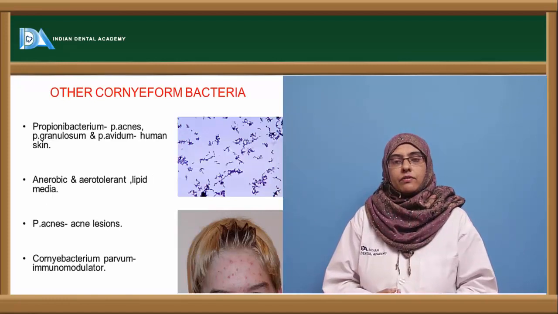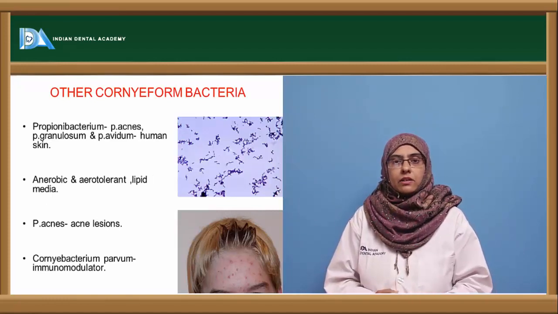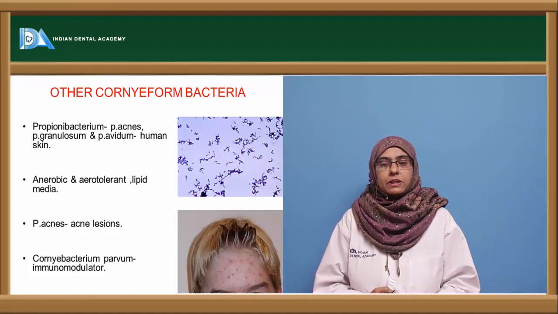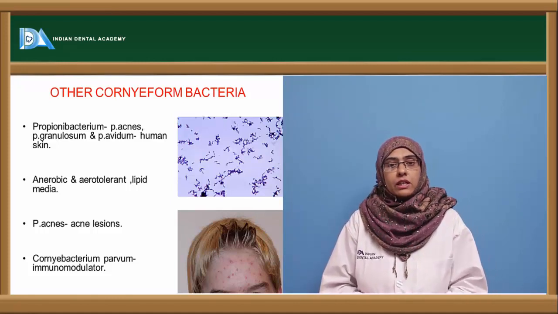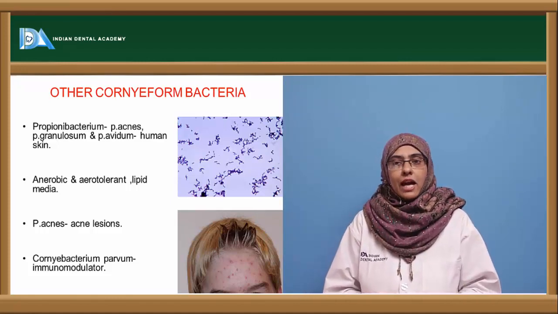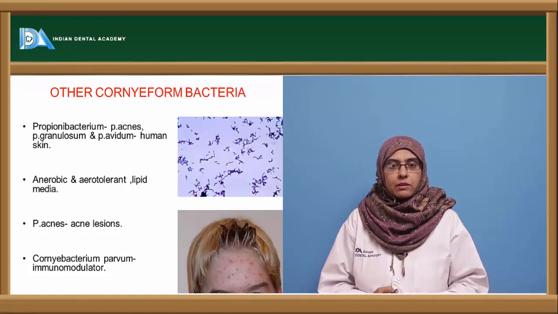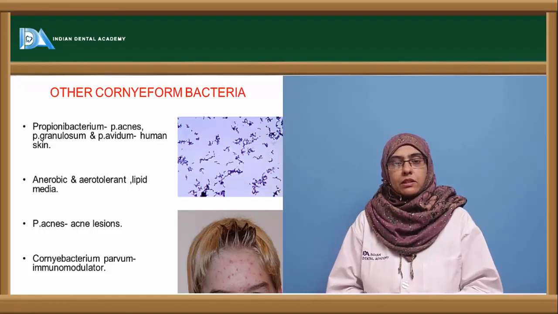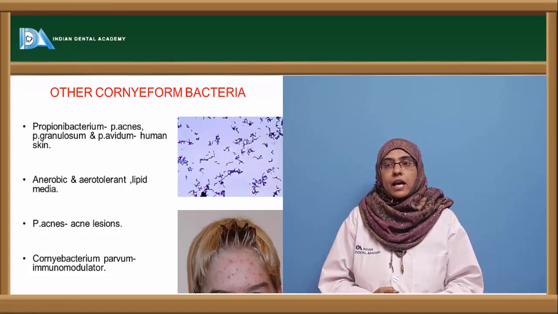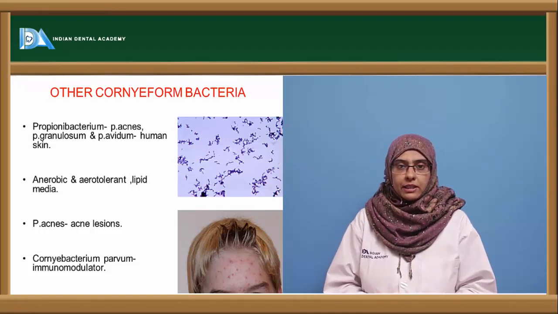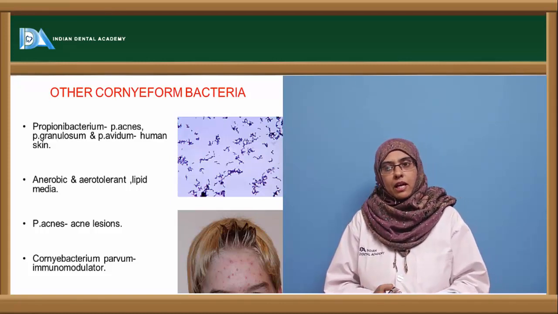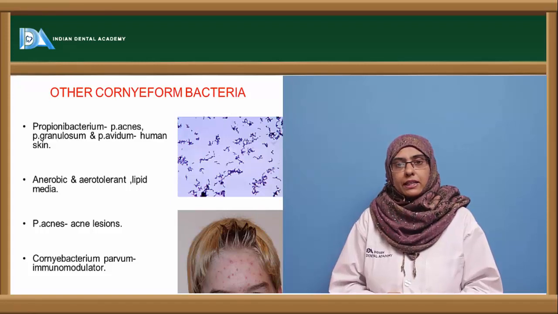Other coryneform bacteria are Propionibacterium species, which are mostly involved in the causation of acne. The species belonging to Propionibacterium are non-sporing anaerobes. They are Propionibacterium acnes, Propionibacterium granulosum, and Propionibacterium avidum.